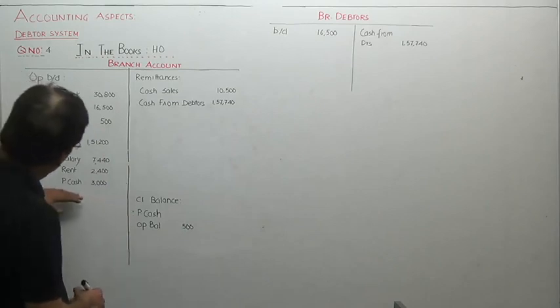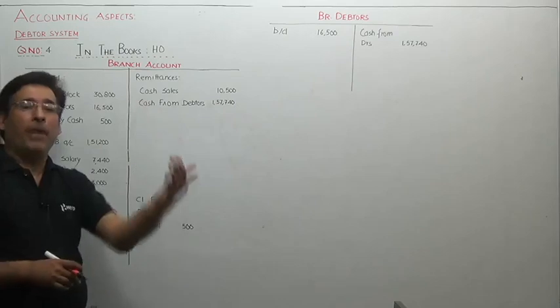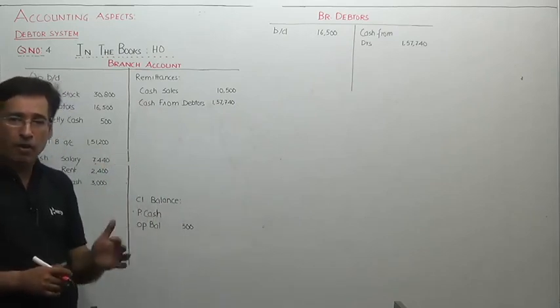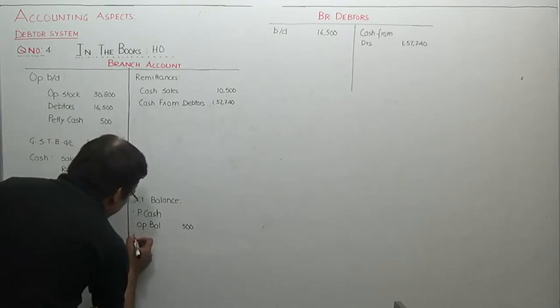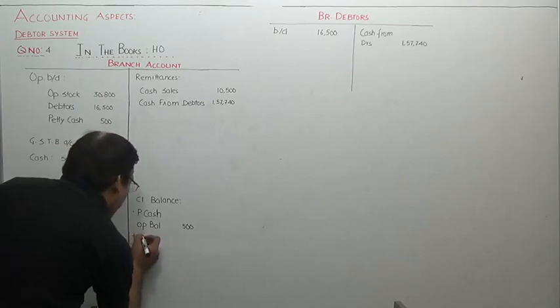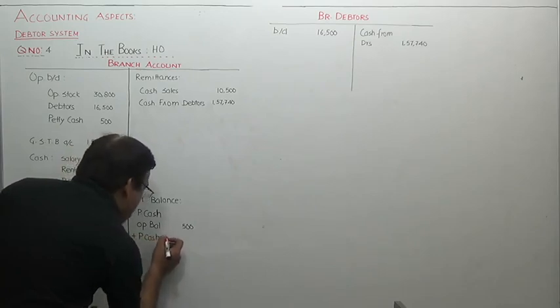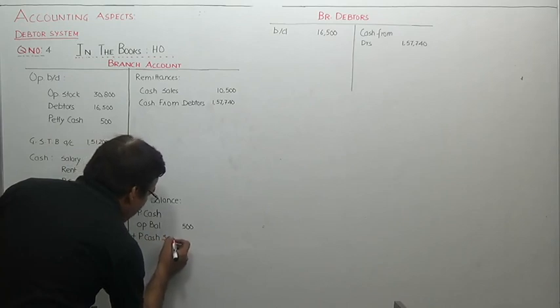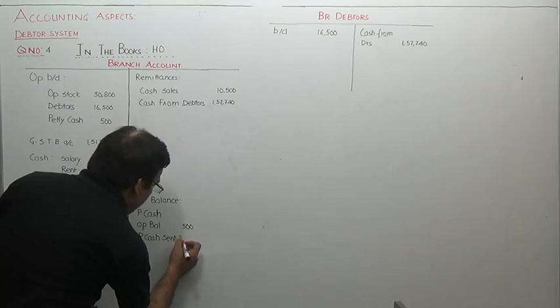Now look carefully into the question whether any further petty cash has been sent by head office or not. If it is, then add here. Plus petty cash sent. If petty cash has been sent, you are going to add it.